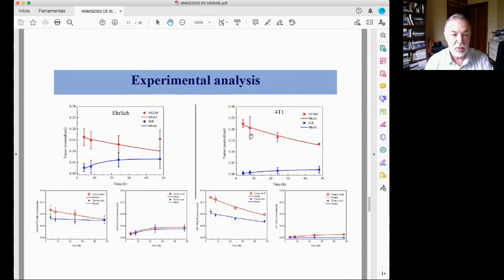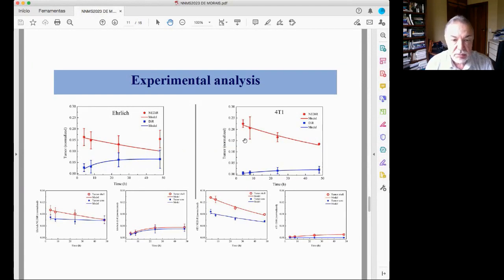So what were the experimental data we found? For the Ehrlich tumor, we found in the tumor the concentration of the nanoemulsion, which is the red data here. The concentration of the nanoemulsion decays as a function of time in the Ehrlich tumor.